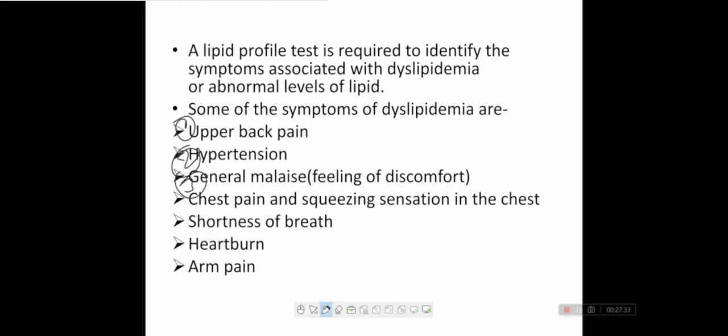Shortness of breath is the most common factor. Heartburn, arm pain. Arm pain is also a common sign of abnormal functioning of the body in response to lipid.